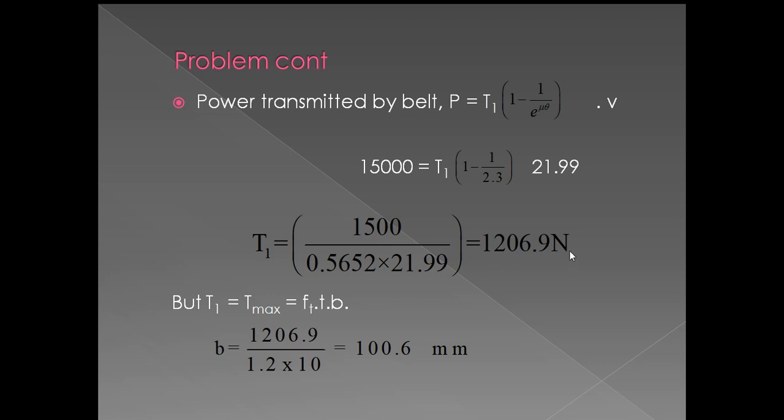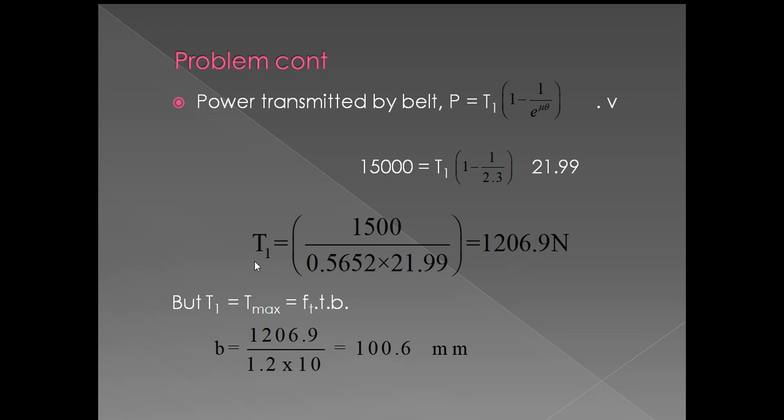So here P equal to T1 into 1 minus 1 by e power mu theta into V. In this we know the value of power, the e power mu theta value and the V value. So T1 is 1206.9 newtons.